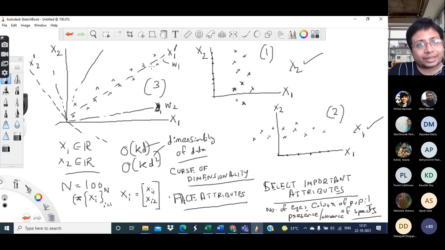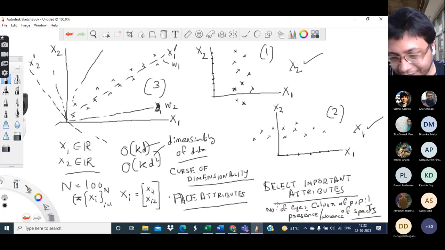Very good. Any other reason, maybe the same thing said in a different way, for choosing this W1 over W2? Just to give you a hint, in this case we decided to drop this dimension because it's nearly constant. In this case also, I decided to drop x1 because the values here are nearly constant.